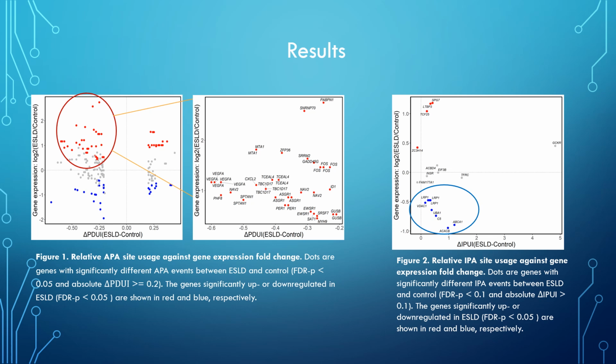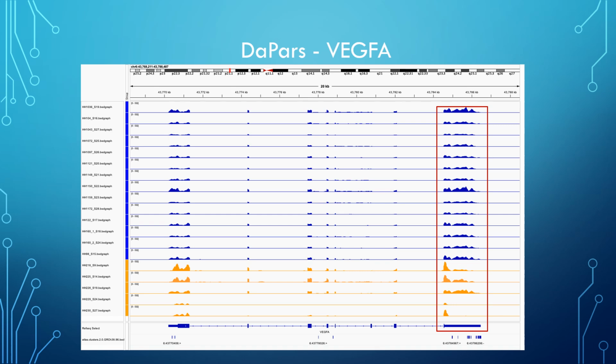IPAFinder identified several metabolism-related genes with increased IPA events and also accordingly reduced expression in ESLD. For example, from the coverage plot here, we can see the 3' UTR shortening for the gene VEGFA. This is a gene that has been associated with fibrosis progression.